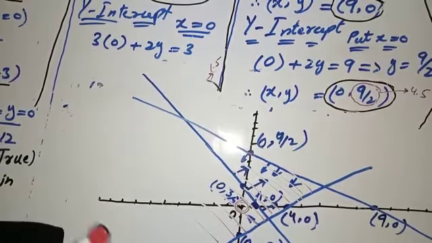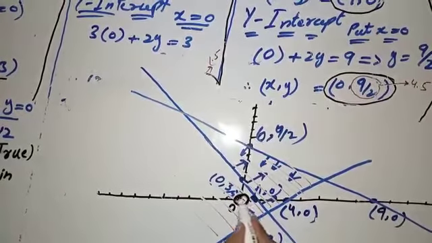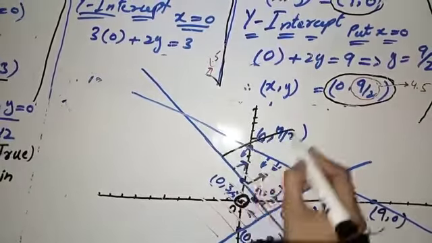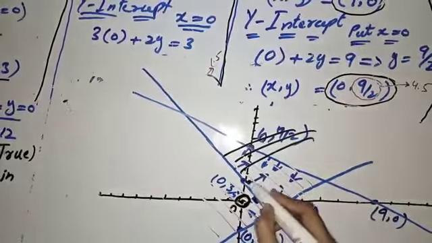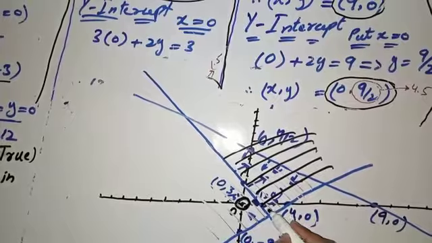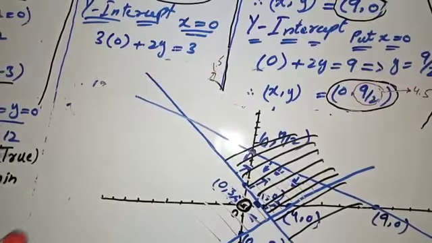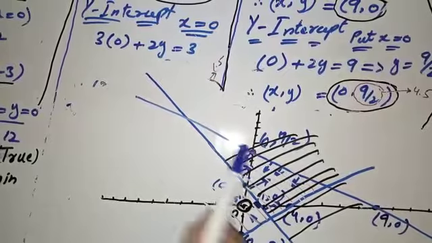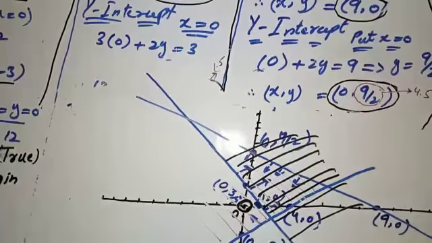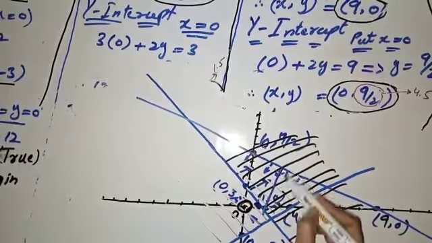And for the second linear inequality expression, the graph is away, this is the origin. The graph is away from the origin. The common shaded area is red and black. While for the third linear inequality expression, that is this one, the graph is again towards the origin, blue lines.